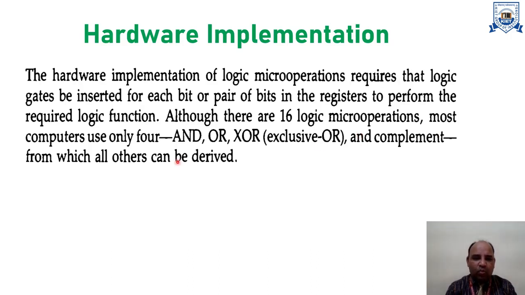Most computers only use four basic ones: the logical AND, the logical OR, the logical exclusive OR, and the complement. For your information, all other logic micro operations can be implemented just by making use of these four: AND, OR, XOR, and the complement.